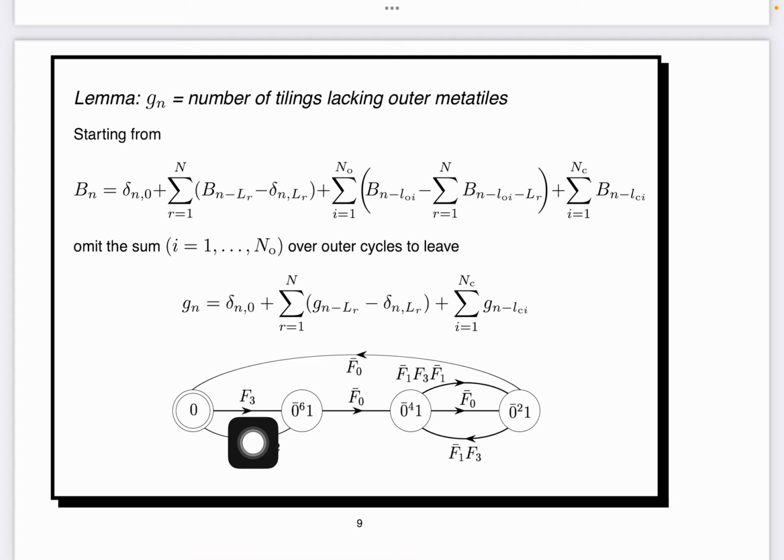We just ignore this cycle here and then count. So to do that, we just ignore this sum here, which involves the outer cycles, and that just leaves us with these three terms here. And these, you can see, all have, well, coefficients of +1. So we're going to call those generalized Fibonacci numbers.